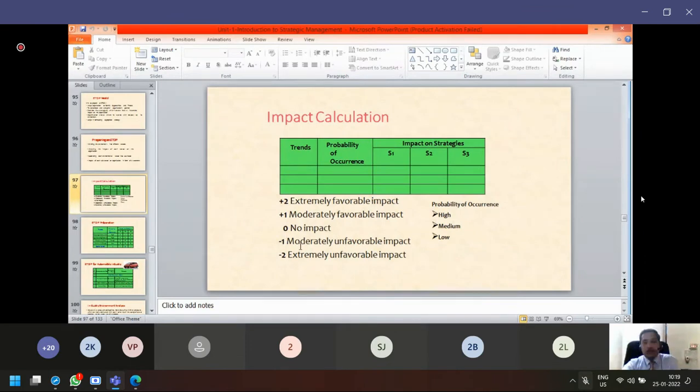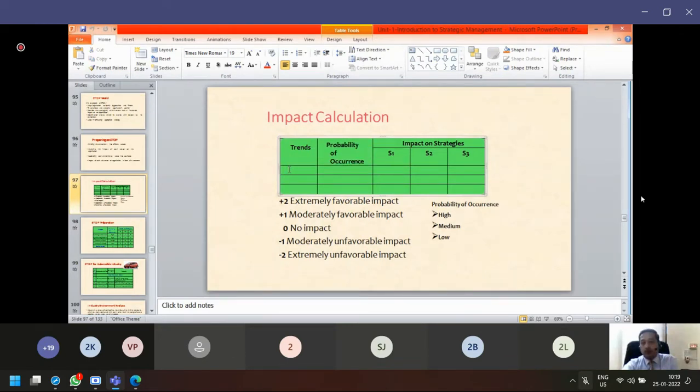Then if it is having unfavorable impact, that also can be calculated as moderately unfavorable impact or extremely unfavorable impact. So moderately unfavorable impact will give -1 marks. Extremely unfavorable impact we will give -2 marks. So whatever trend we have identified, just look at this cursor. Whatever trend we have identified, we'll have to see to it.